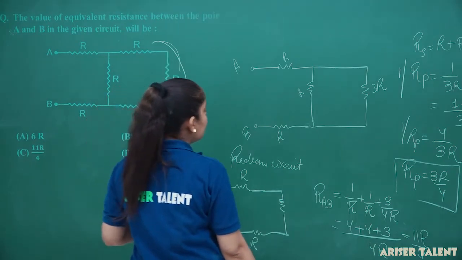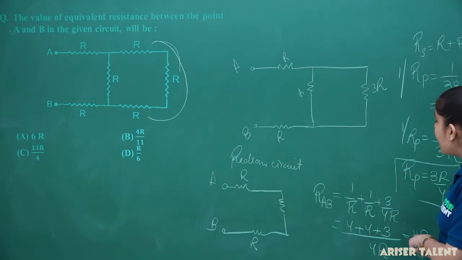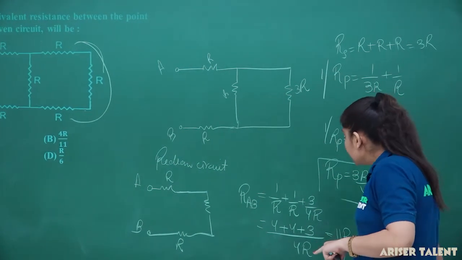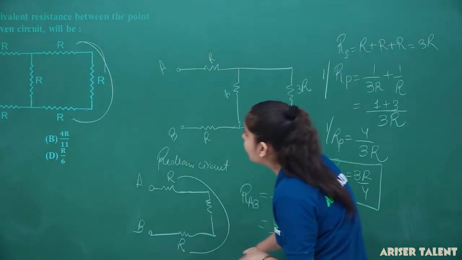So, the solution for this question will be R plus 3 by 4R, and you can see that these three resistances will again show the parallel, sorry, series combination.